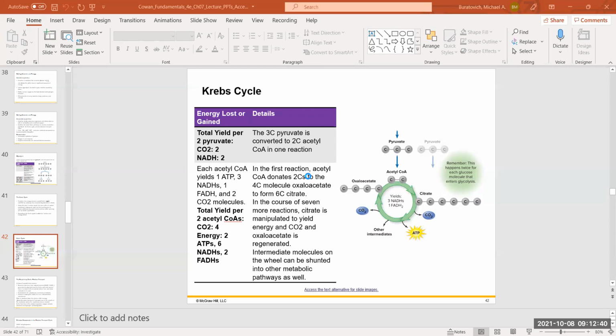And in fact, there are reactions in the cell that replace metabolites that you remove. These are called anaplerotic reactions.